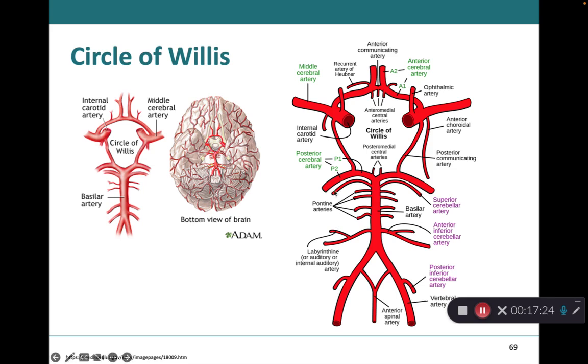And then the posterior inferior cerebellar artery, these ones coming off of here. So you can see them here. If that was occluded, this would lead to poor coordination, muscle tone, and changes in balance. This could also affect the vagus nerve, cranial nerve 10, and cause cranial nerve 10 palsy, which leads to dysphagia, which is trouble swallowing, and a negative gag reflex.